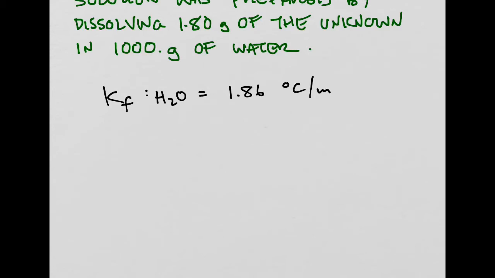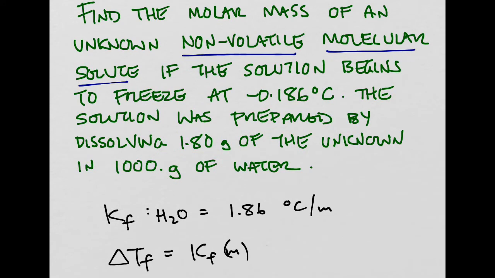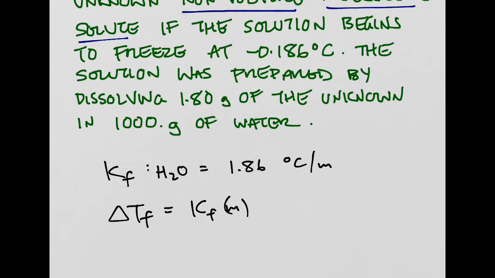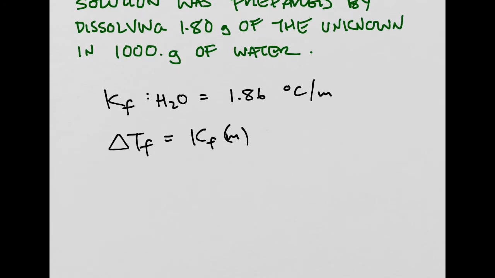So if we know that, and we also have our equation for freezing point, it looks like this, right? And if we know that the temperature dropped from 0 degrees C to negative 0.186 degrees, that's our delta TF.